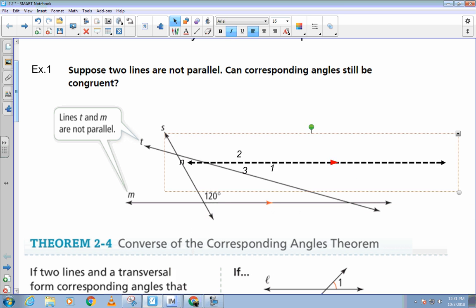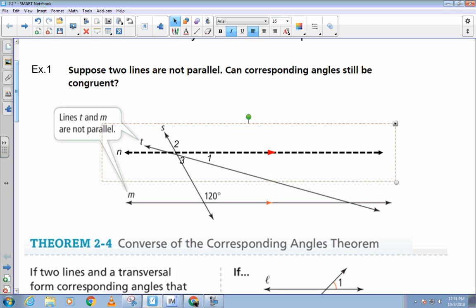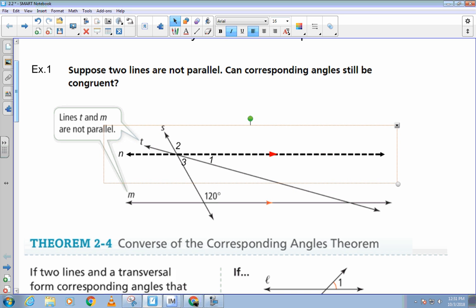If I took this right here, and this is line N, and I put it so that it was parallel to M, right? If these two lines here are parallel, we know that corresponding angles have to be congruent, right?